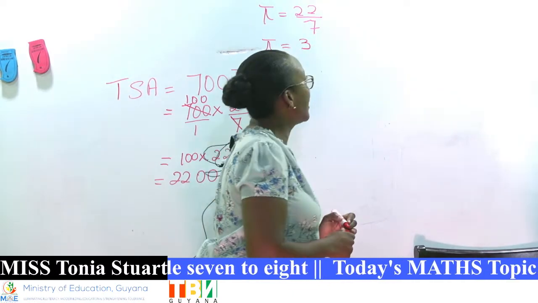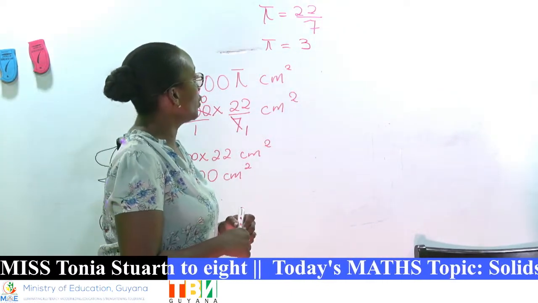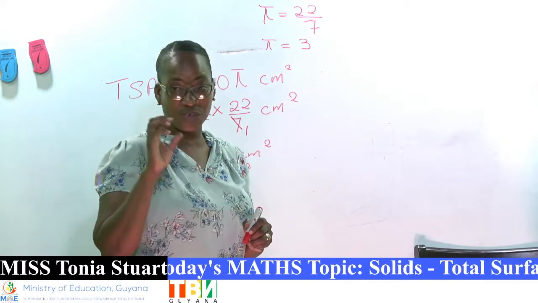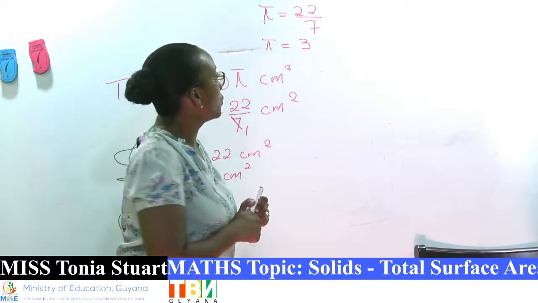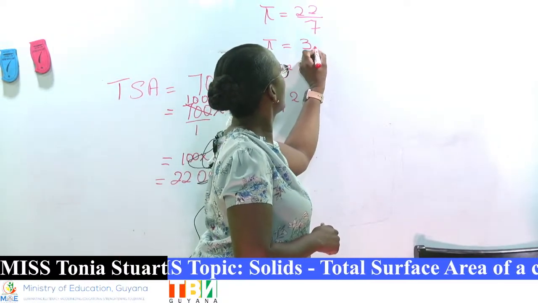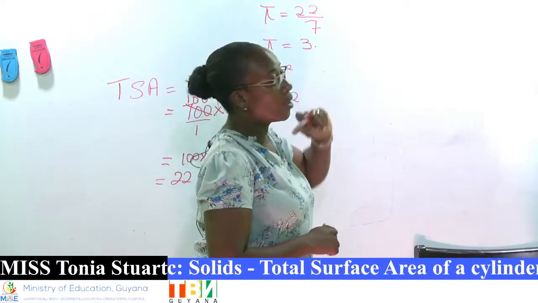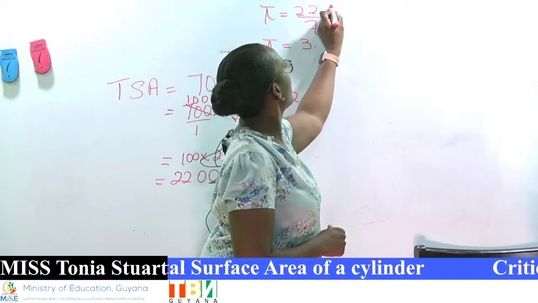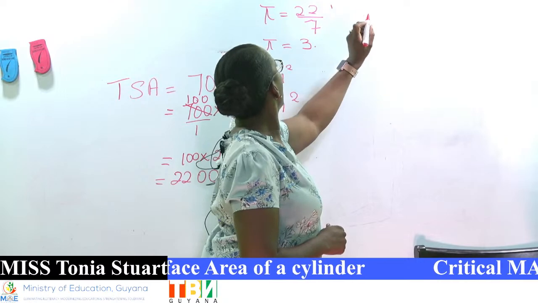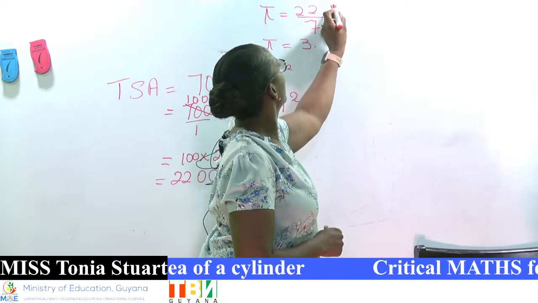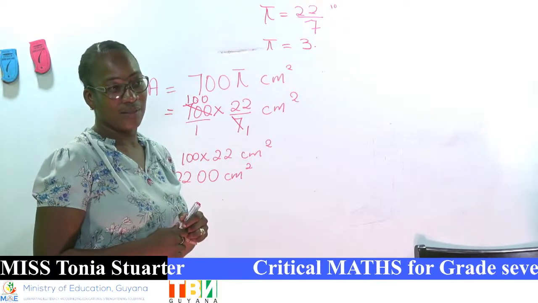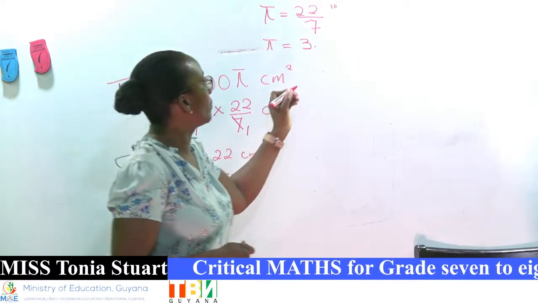But we know that the most times it can go into it is 3 times. So now we'll have a point here. 7 threes, 21, how much remaining? 1. So, say for instance we have this 1 here, and we have a 0. 7 into 10, going 1 time.